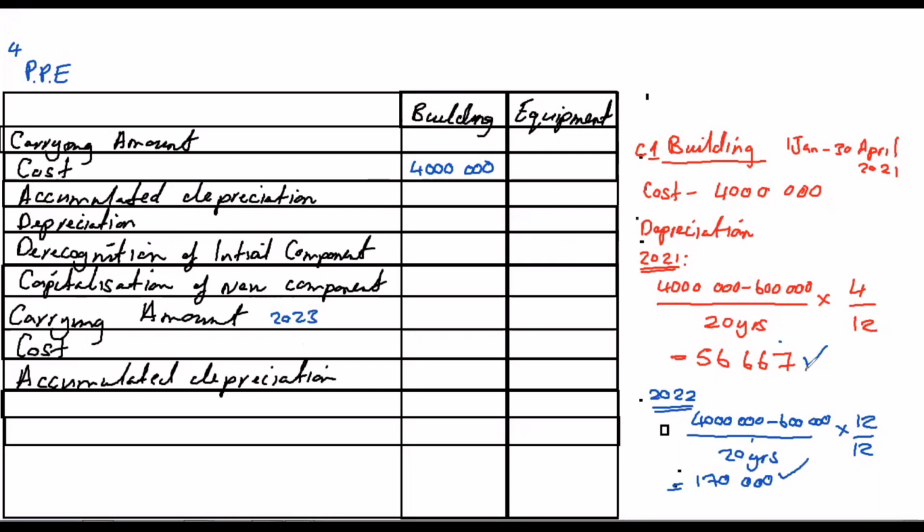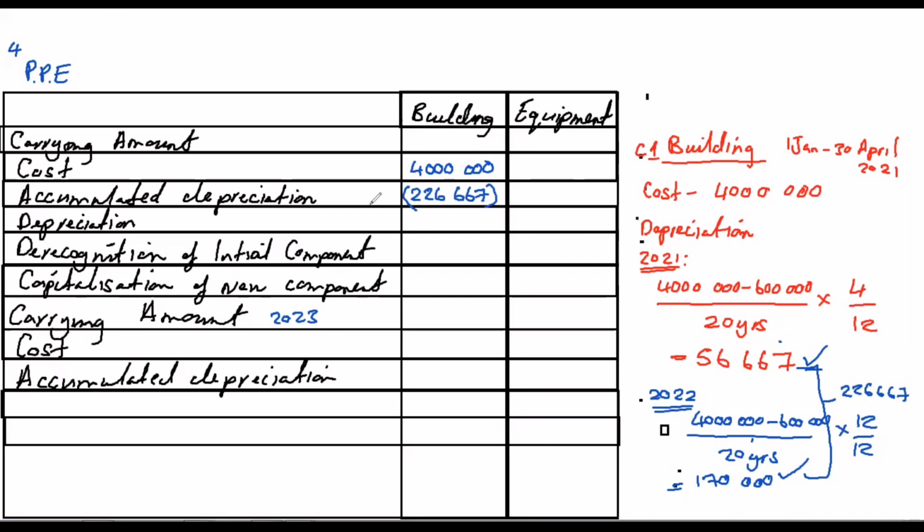How much do you get? It's 226,667. Just add these two figures and you will get that amount. You're accumulating, you're adding. Please remember to put it in brackets.